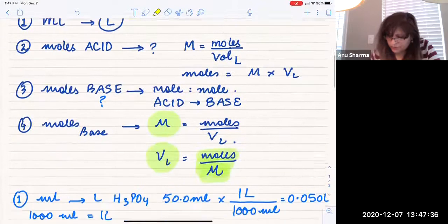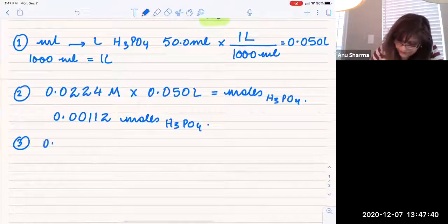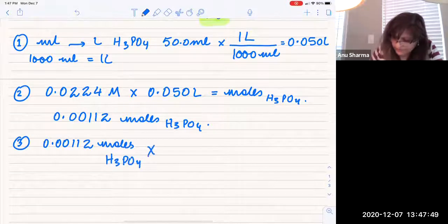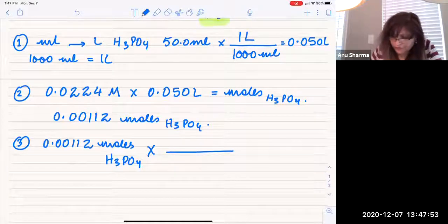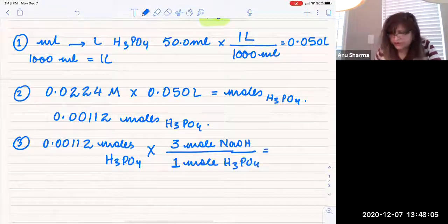So we know the moles of the acid, 0.00112 moles of H3PO4, times, now we need to find the moles of the base. And from the equation, we see 3 moles of NaOH are reacting with 1 mole of H3PO4. So what do you get here?